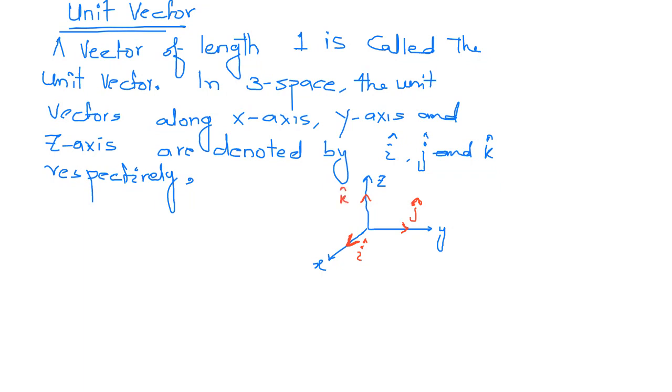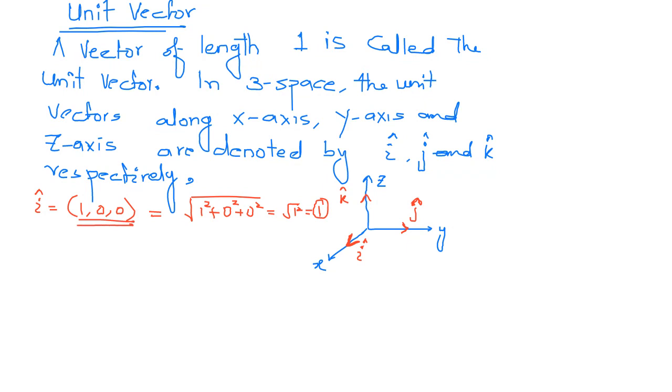So how can you represent i, j, and k? The i vector is equal to 1, 0, 0 because it is a unit vector. You can calculate its length: 1 squared plus 0 squared plus 0 squared, which is the square root of 1 squared, equal to 1. So its length is 1, which means this vector is a unit vector.